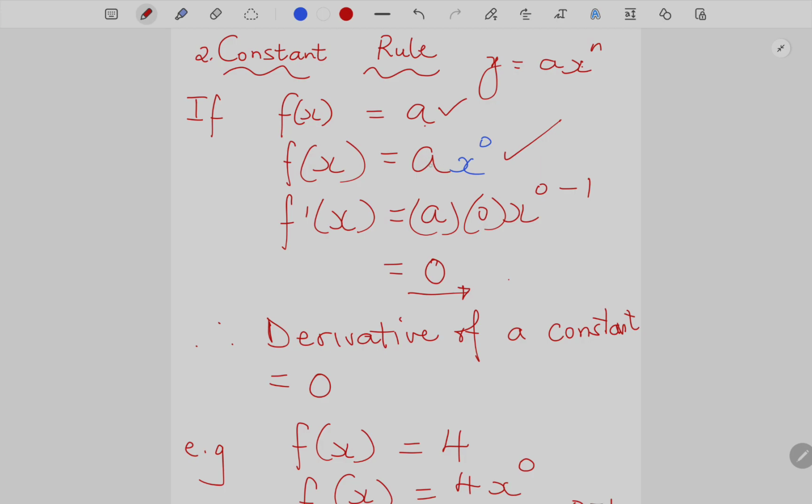But we must rewrite this so that we can see how you get a 0 when we differentiate a constant. A constant is any number or any variable, remember, except x. We are differentiating here with respect to x.